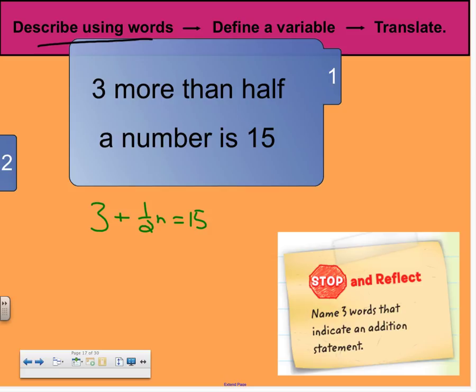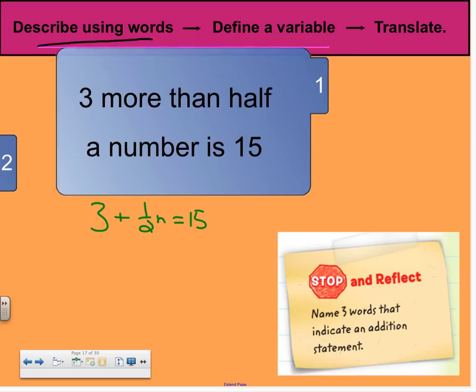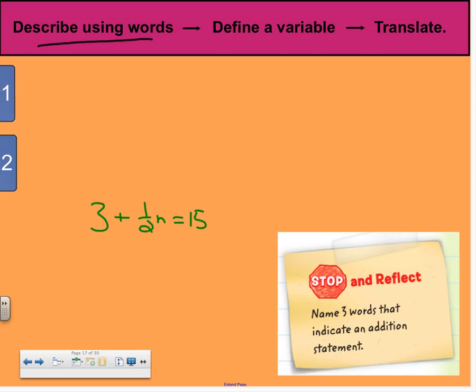So 3 plus 1/2 n equals 15 was correct. Good job. One more example for you, please.